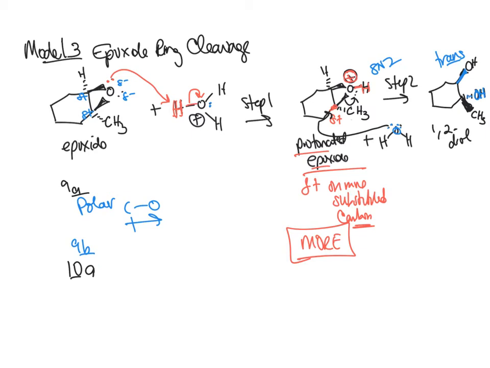Compare the second step of the epoxide ring opening to the second step of the halogenation of alkenes. Note the similarities and differences in the reactions. Okay, so what are the similarities? You still have a 3-membered positive ion ring intermediate.